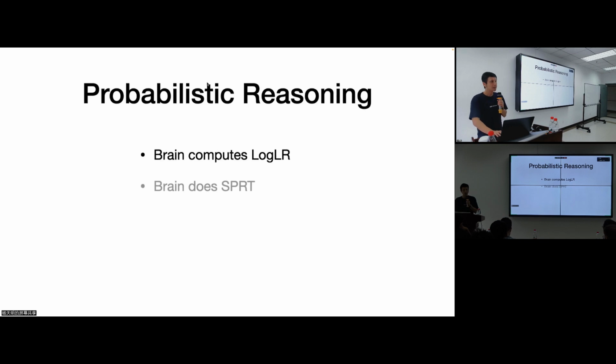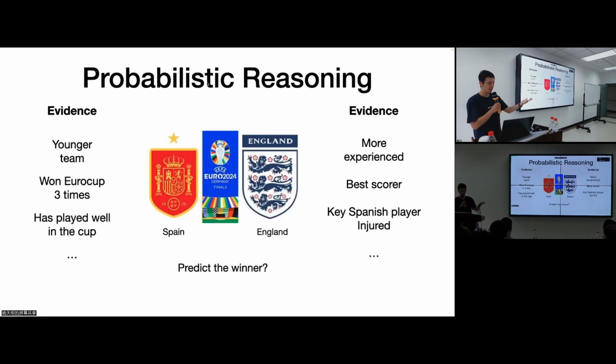I don't know how many of you follow soccer, and if you do, you will know that tonight there is a very important game. It's the final of the Euro Cup 2024, right? If you don't, that's still okay. The final will be between Spain and England, and many would wonder who will win, right?